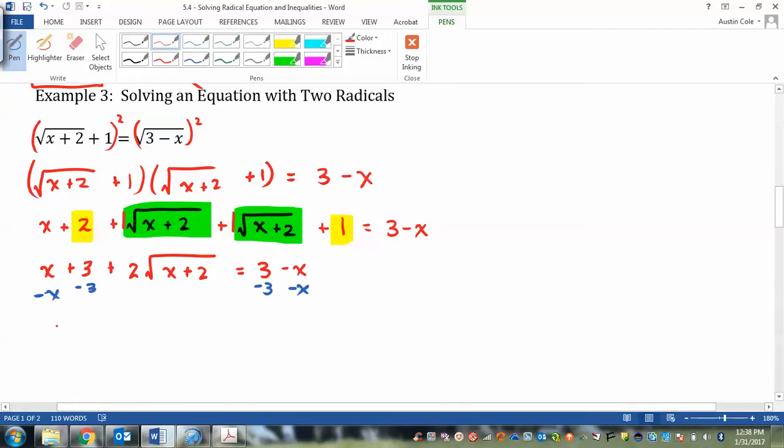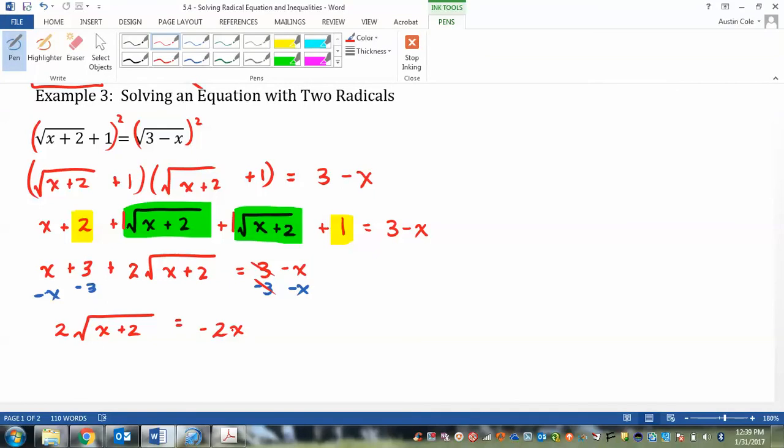So when I do that, I'm left with 2 times the square root of x plus 2 equals 3 minus 3, well, those go away, equals negative x minus x is negative 2x. Now we squared?